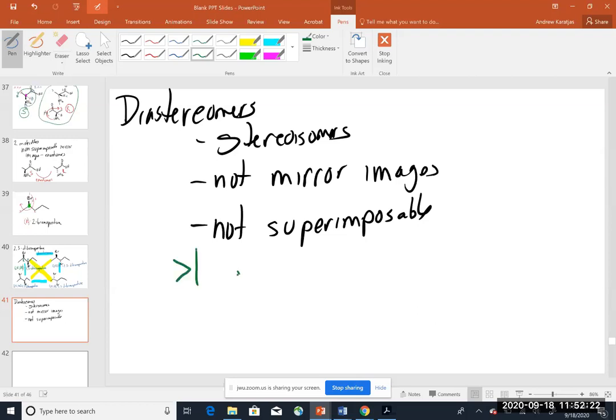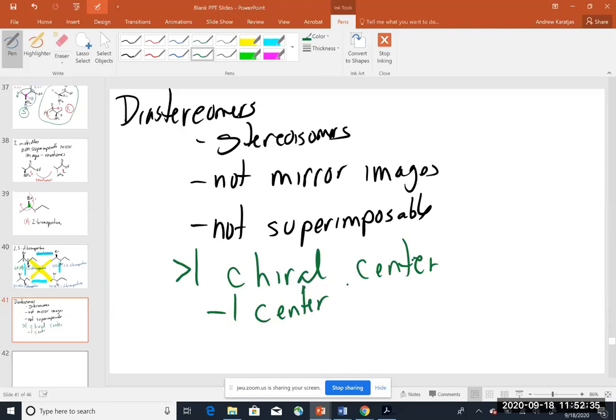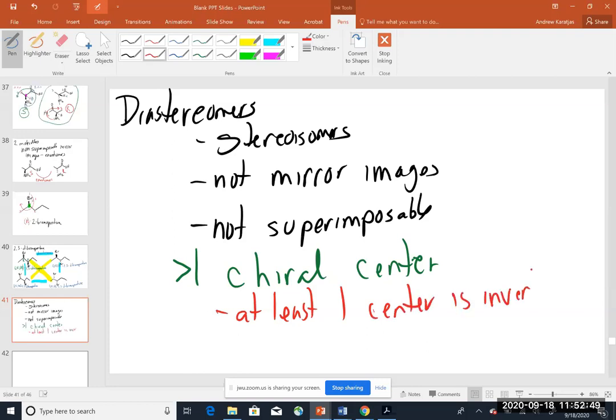There has to be more than one chiral center. In addition, we find that at least one center is inverted, but also at least one center is not inverted.